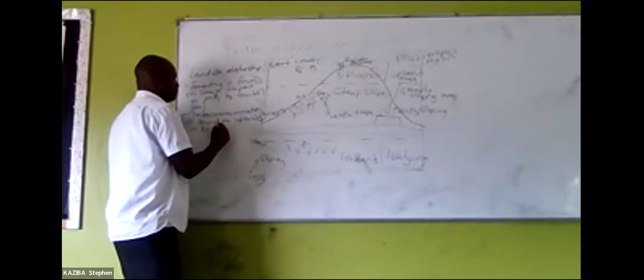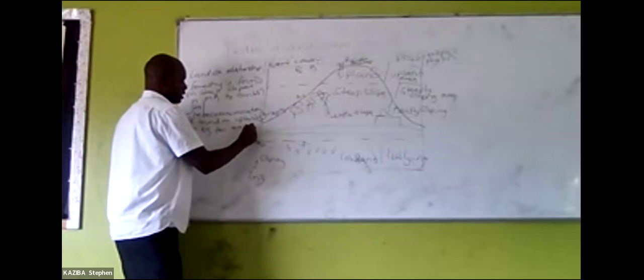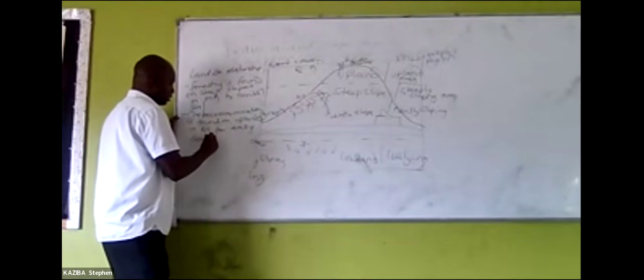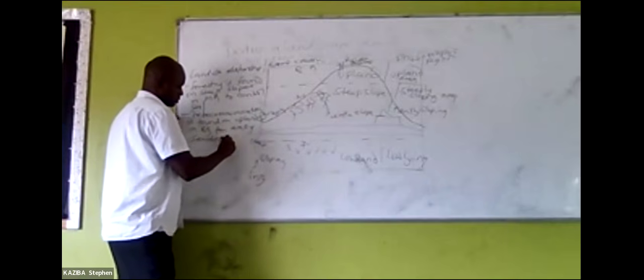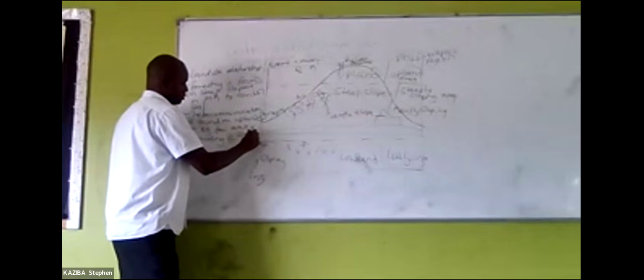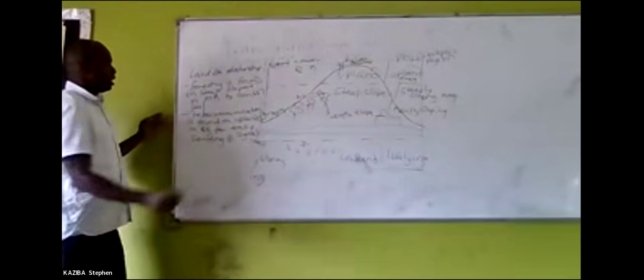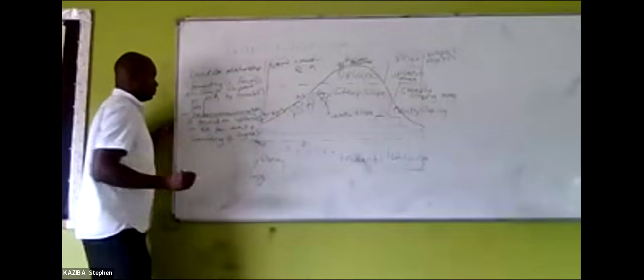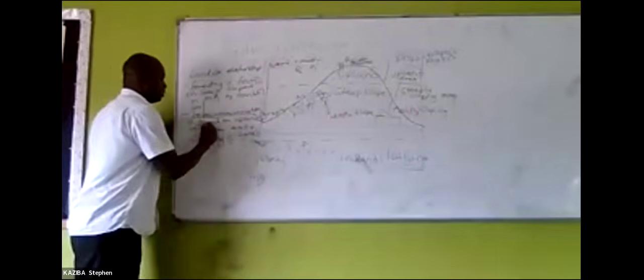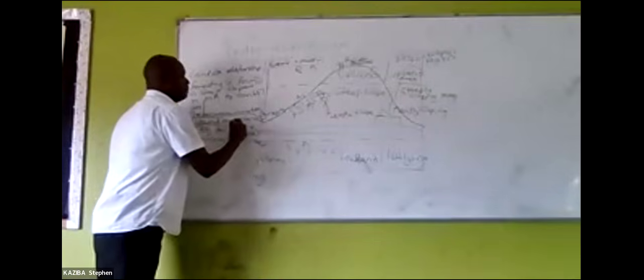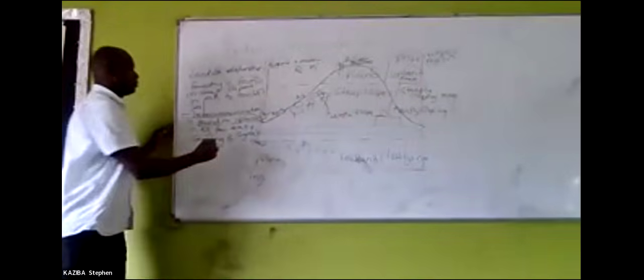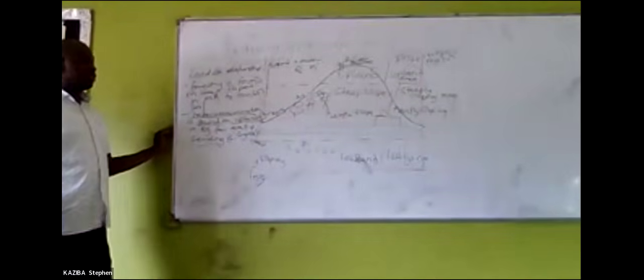The reason is easy sending of signals. So the land use is telecommunication, the relationship is found, the relief feature is upland, and the reason is for easy sending of signals.